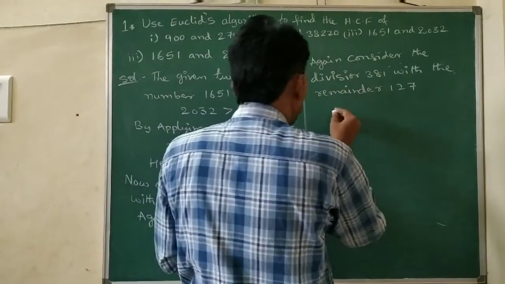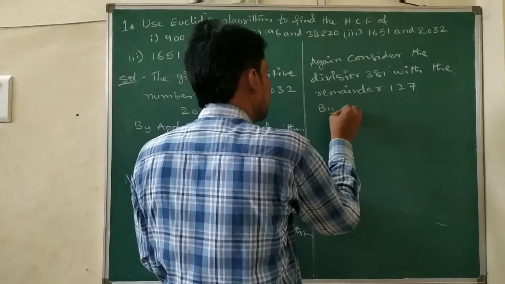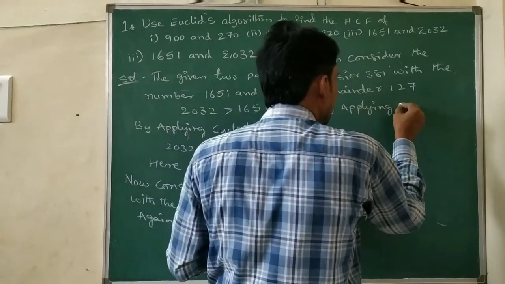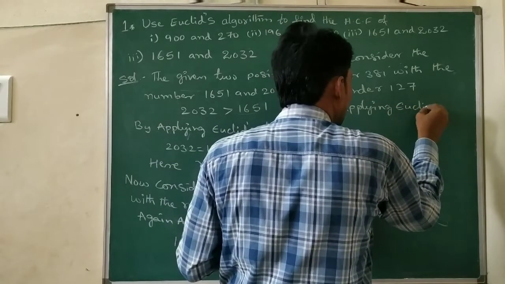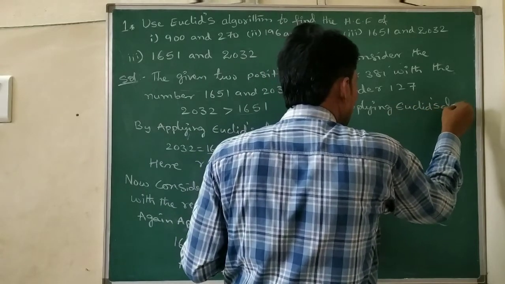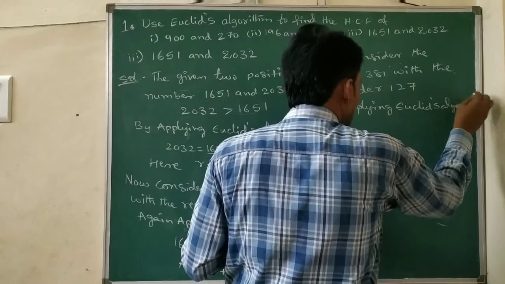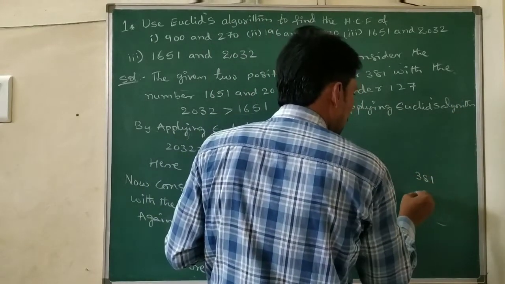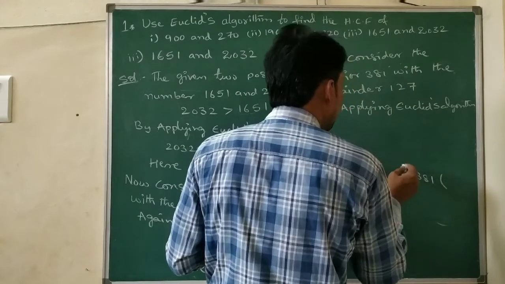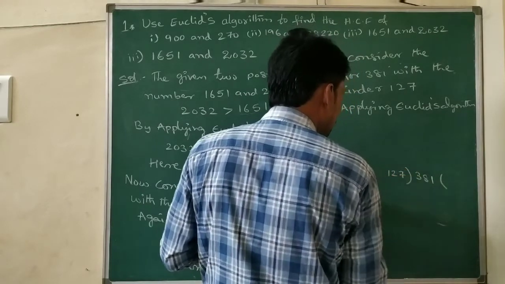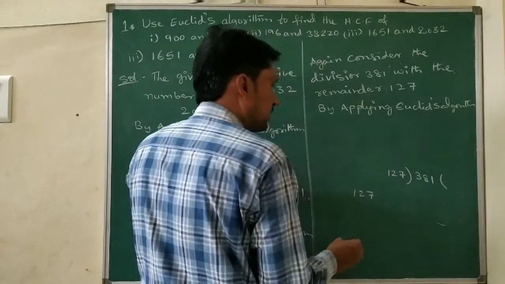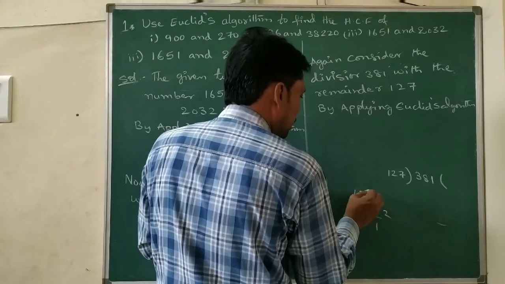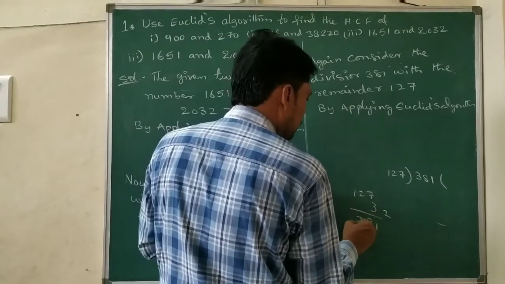So now by applying Euclid's algorithm, 381 divided by 127. 127 threes, you can check: 3 sevens are 21, 3 twos are 6, 8, 3 ones are 3.